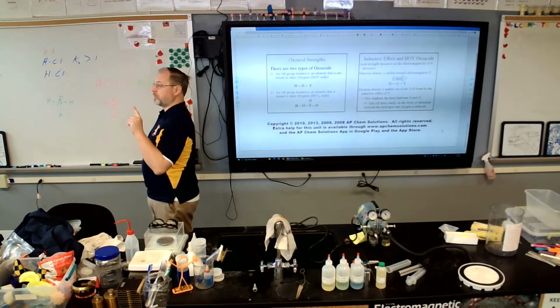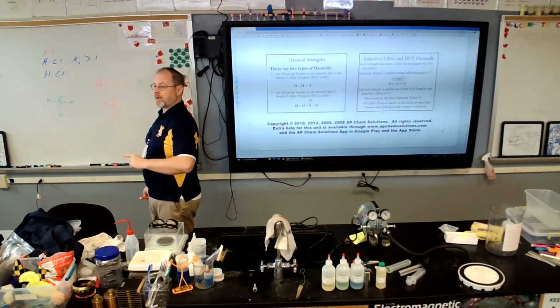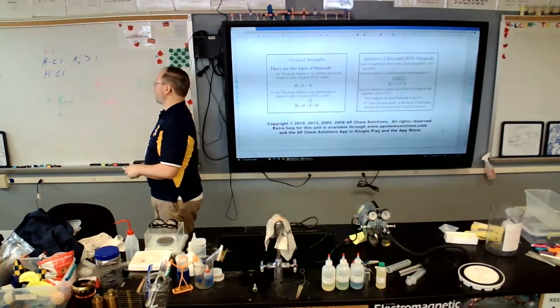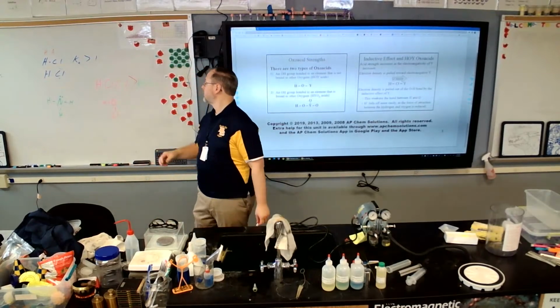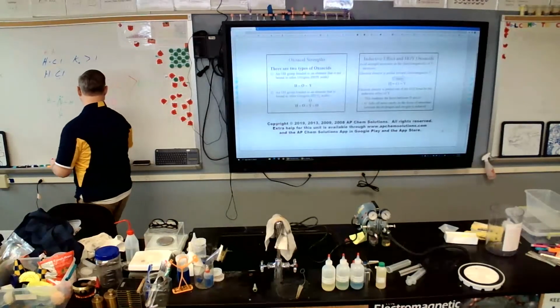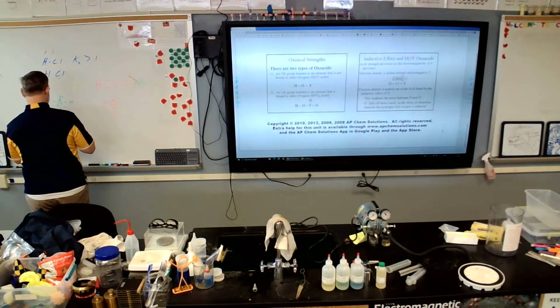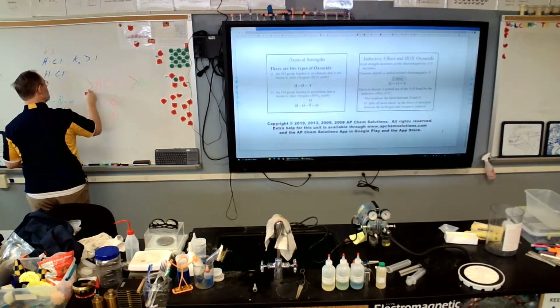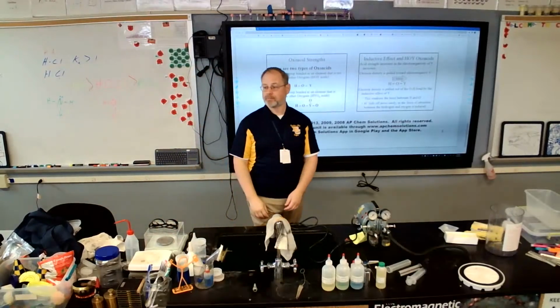Remember, the more electronegative thing connected to the oxygen, the stronger the acid is going to be. So HOCl is a more robust weak acid than HOBr. And should you find yourself seeing HOF, HOF, of course, would be the king of the oxyacids because fluorine is even more electronegative than chlorine.